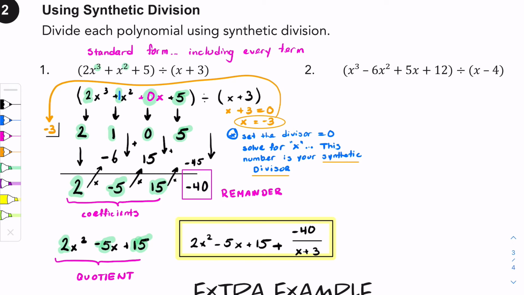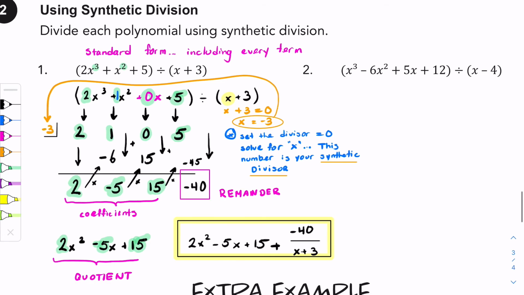In order for that to happen, you can only have a synthetic divisor that is a single value of x plus or minus a number, so meaning a linear term. So synthetic division is restricted to divisors that look like this. And if we look at number 2, we have x minus 4. So basically, you can only use synthetic division if your divisor is x plus or minus a number.